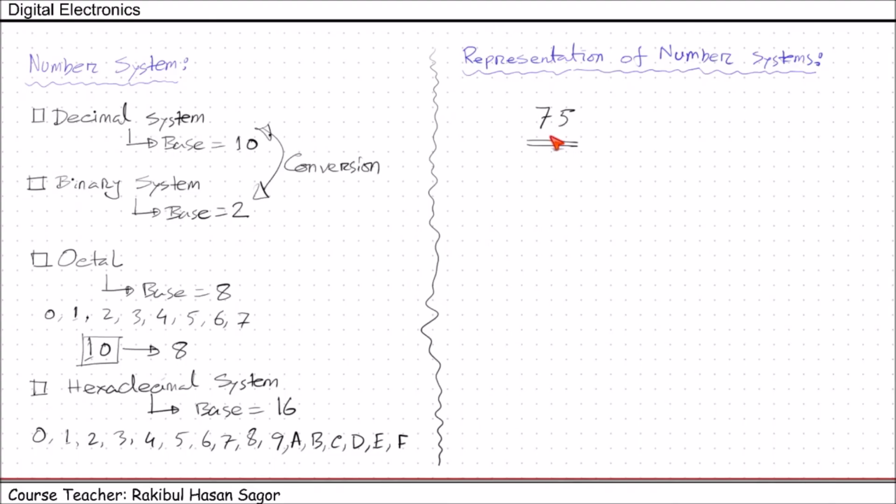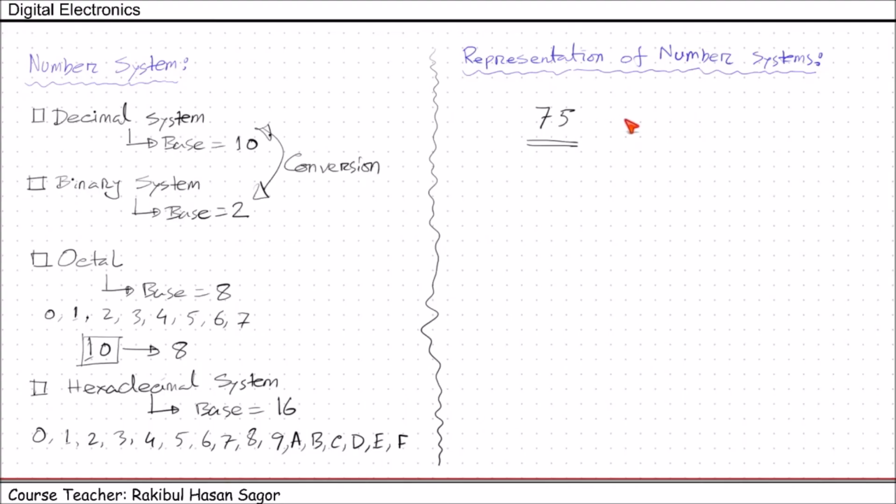Well, normal people will say it is 75. That is decimal, which is commonly used by human beings. But in this course, as we are dealing with a lot of number systems, we cannot definitely say that this is a decimal number. This may be decimal, or maybe octal, or maybe hexadecimal. That's why we need to know how to represent a number system.